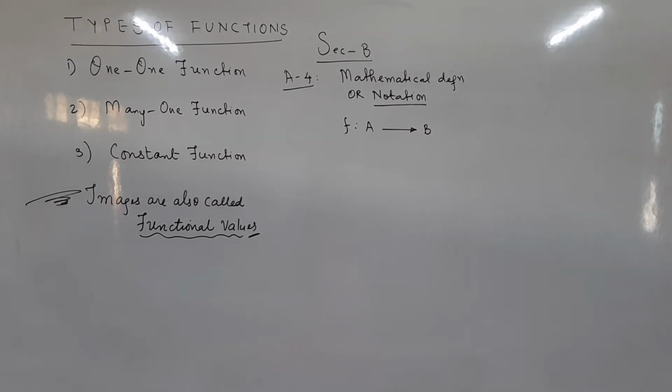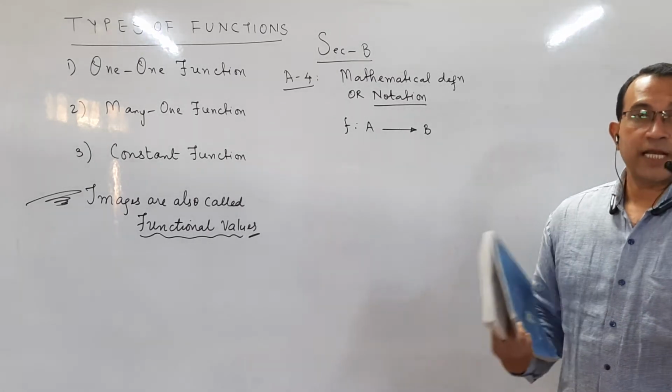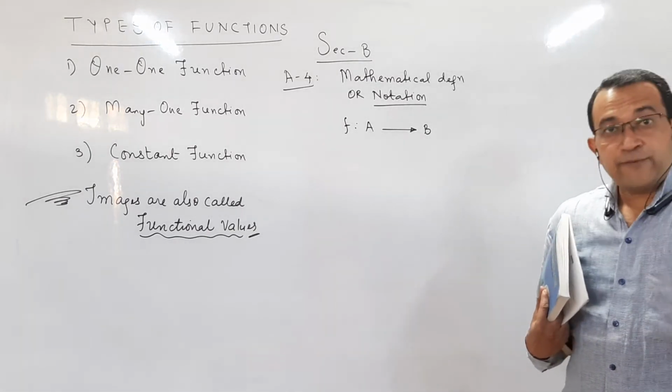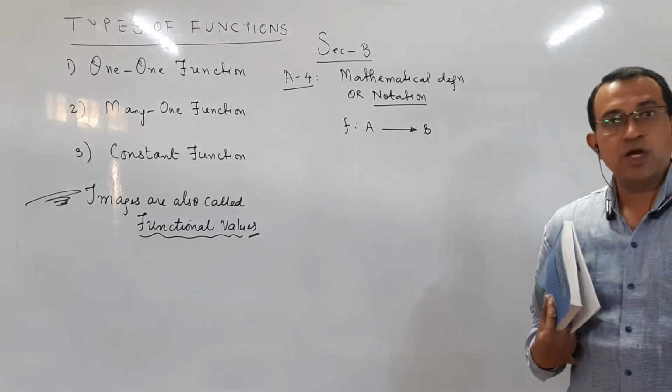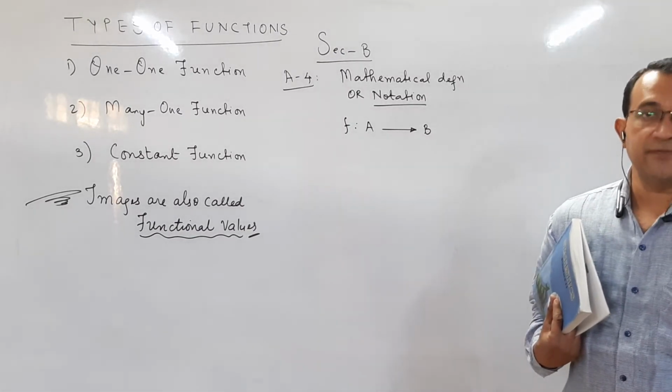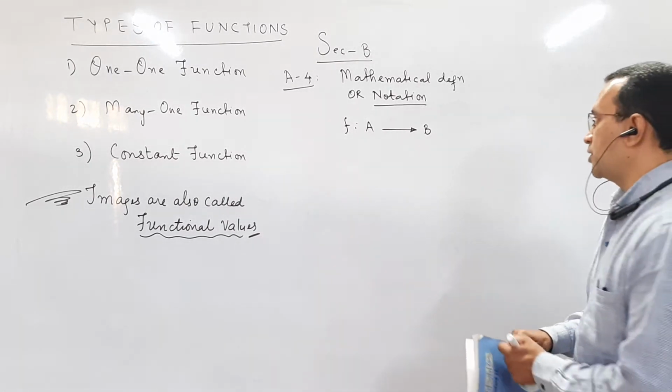I repeat, suppose f is a function defined from domain A to codomain B. For any two different elements of the domain, if their images or functional values are different, then such a function is called a one-one function.